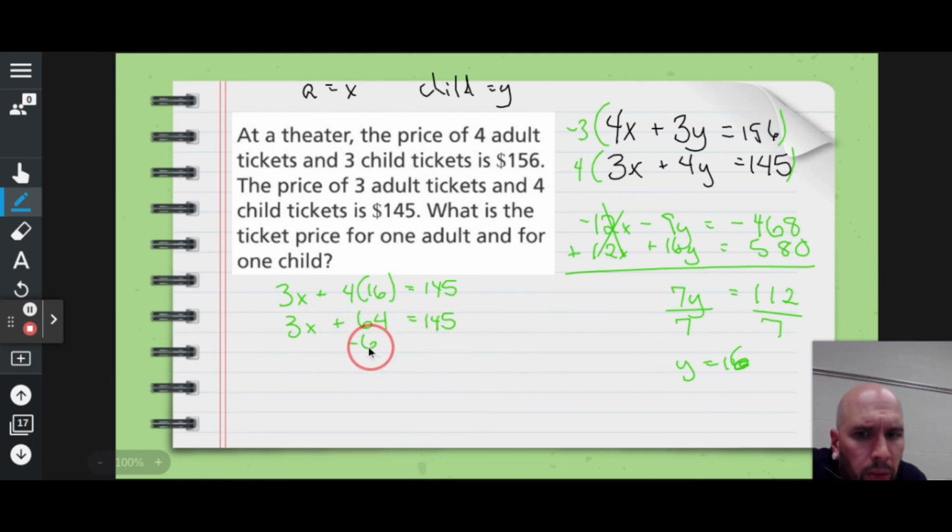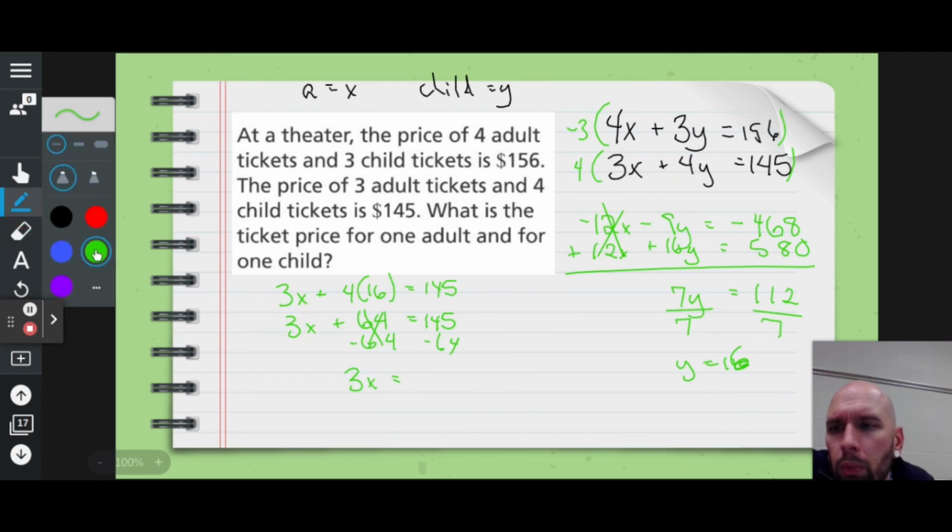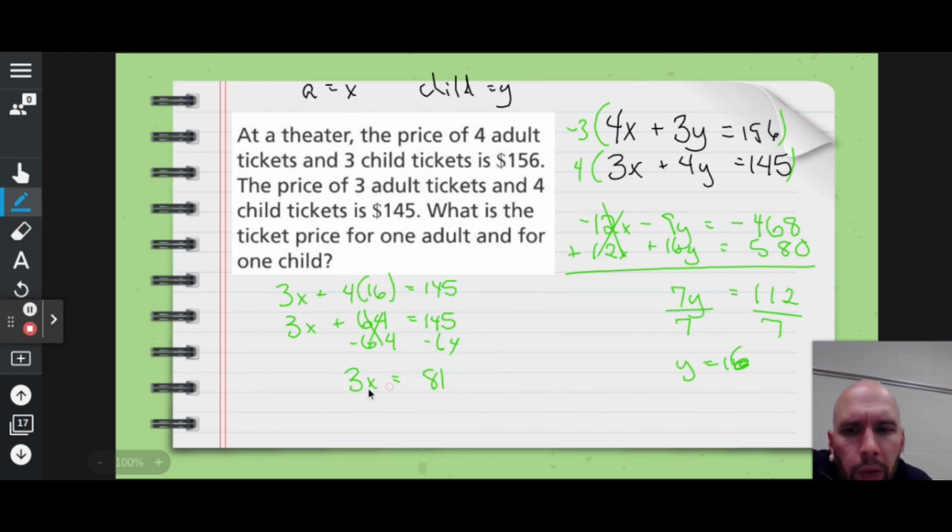Minus 64, cross it out. 3x equals 81. Divide by 3, you get 27.